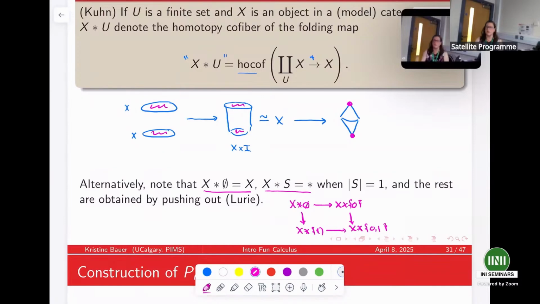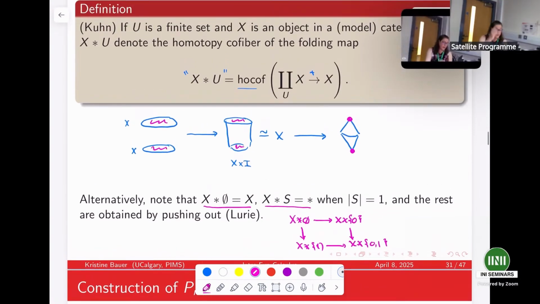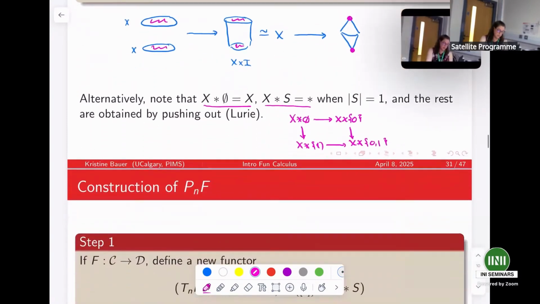It's not really different than what I did before. It just says start with something that is the identity when you join with the empty set and the terminal object when you join with 1-point set, and then everything else falls out of it. Great. So now I have a very general way of thinking about how to construct these n cubes.